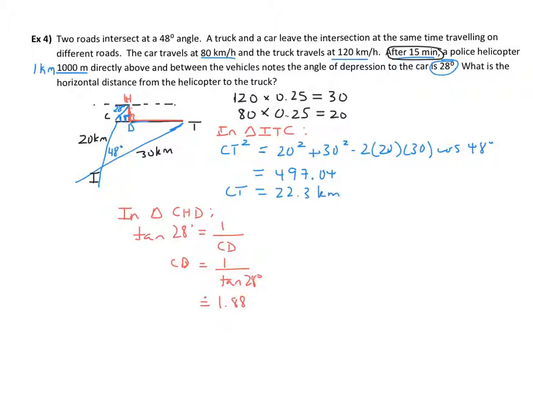So then DT, which is what I want to find, will equal the 22.3 minus the 1.88, which I got to be 20.4 kilometers. So therefore the helicopter is a horizontal distance of 20.4 kilometers from the truck.